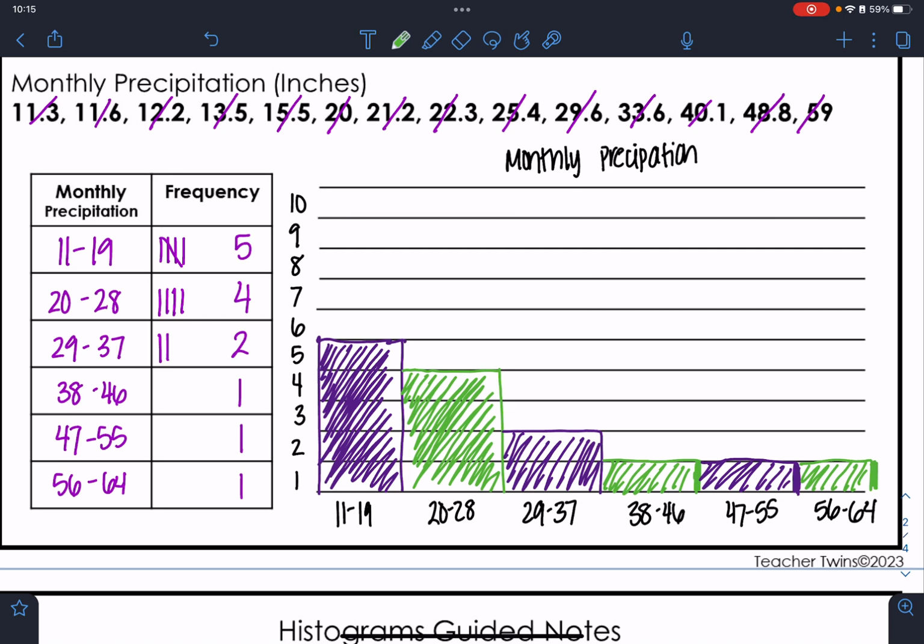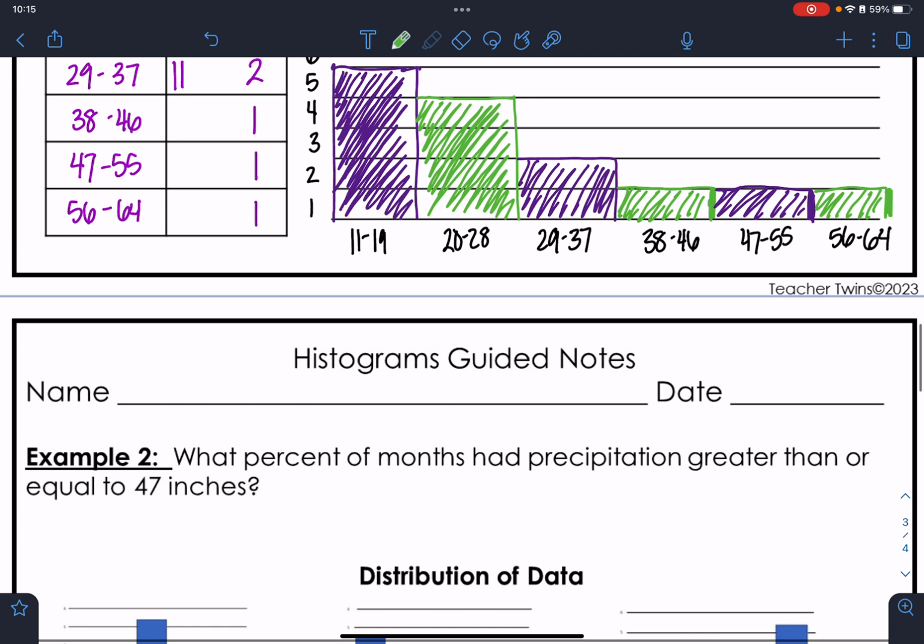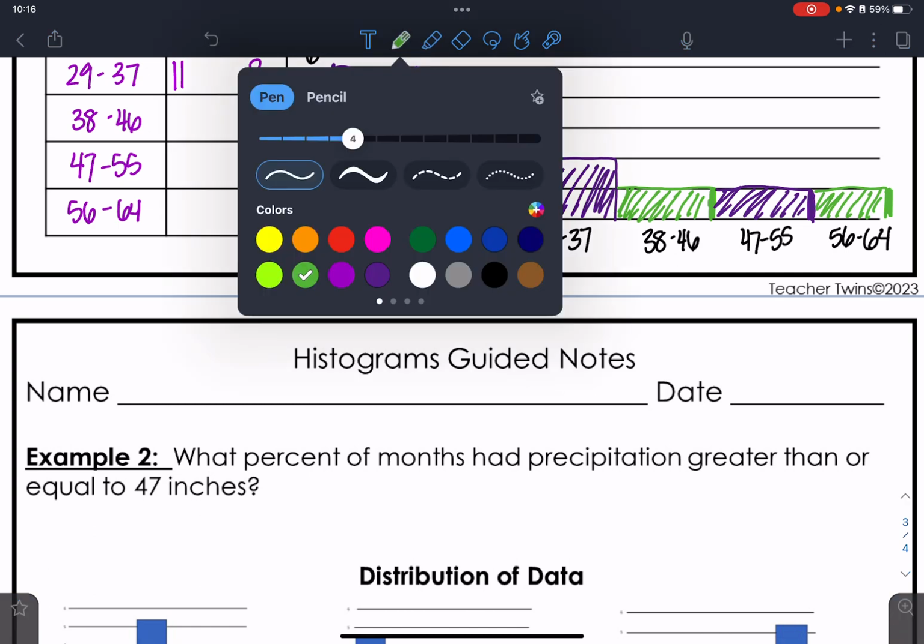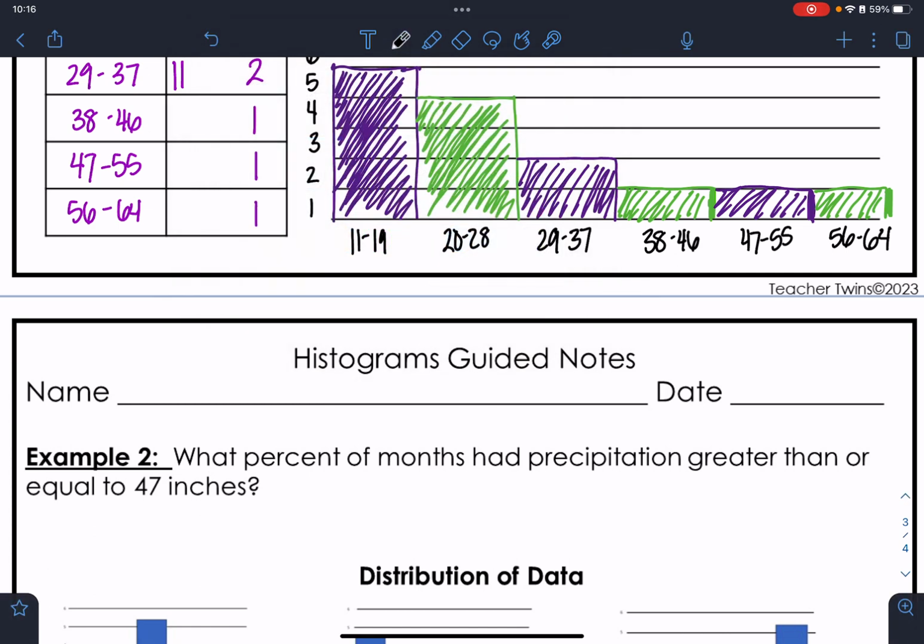So on the next page, I think there's one more question with this that got moved. It says, what percent of months had precipitation greater than or equal to 47 inches? Okay, so we're looking for numbers that are greater than or equal to 47 inches.